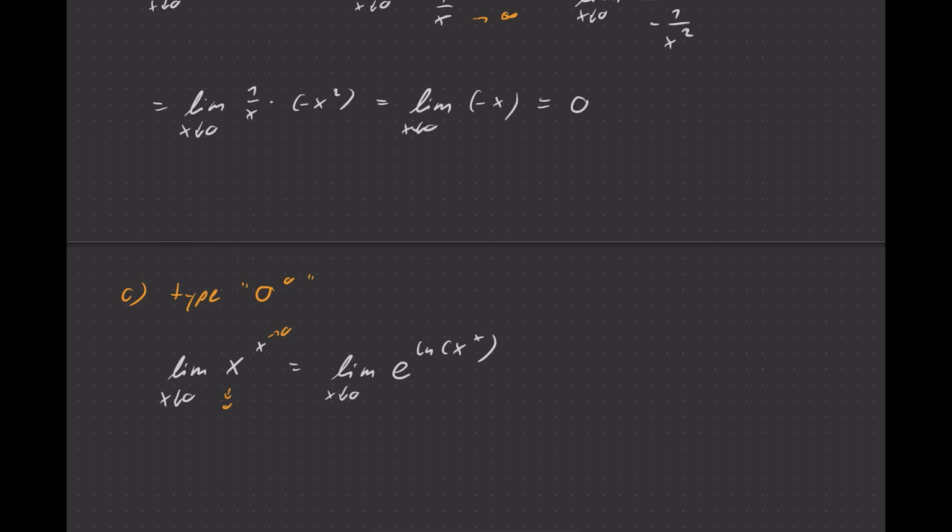Same thing, yeah? E and ln are inverse to each other, so those basically cancel out. This is useful still because we can now apply the rules of logarithmic computations. And the ln of something to the power of something is the same thing as taking this power here and putting it in front of the logarithm. So this is the same thing as e to the power of x times ln x.